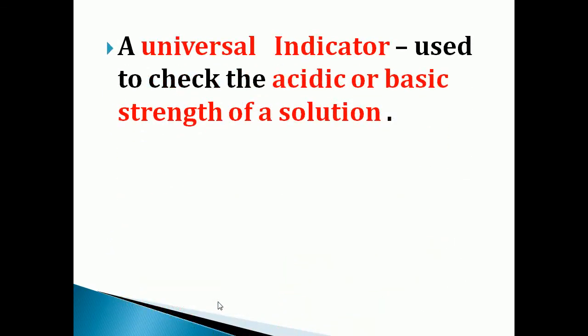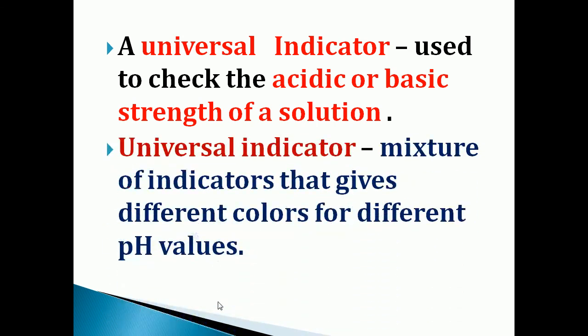Now, universal indicator can also be used to check the acidic or basic strength of a solution. What is meant by universal indicator? It is a mixture of indicators which gives different colors for different pH values.